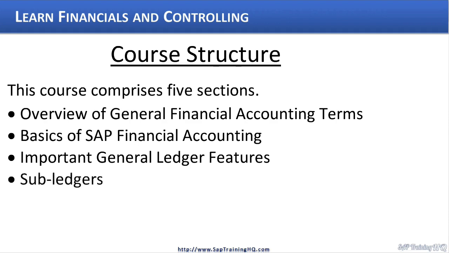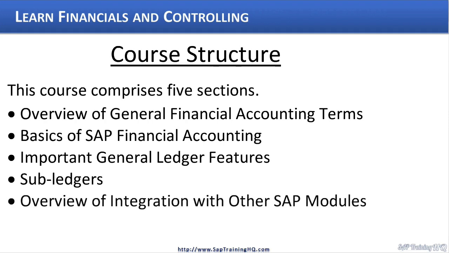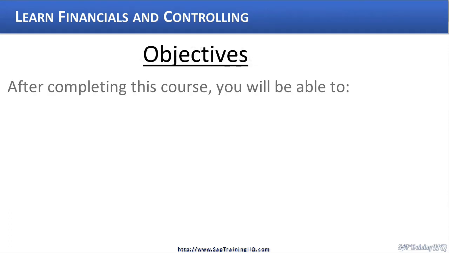In Section 4, you will be introduced to subledgers, accounts receivables, accounts payable, and asset accounting. And the last section, Section 5, consists of 2 parts in which you will learn how financial accounting integrates with other SAP modules. Let's have a look at our course objectives.